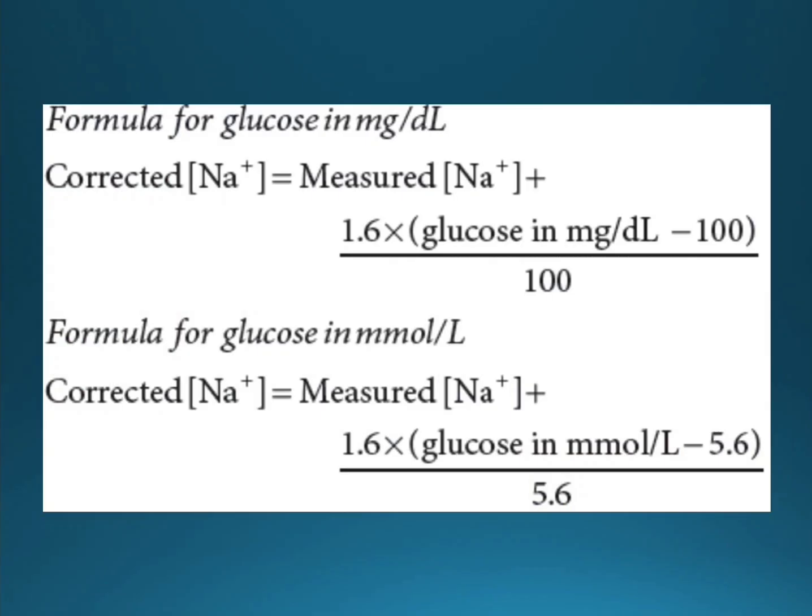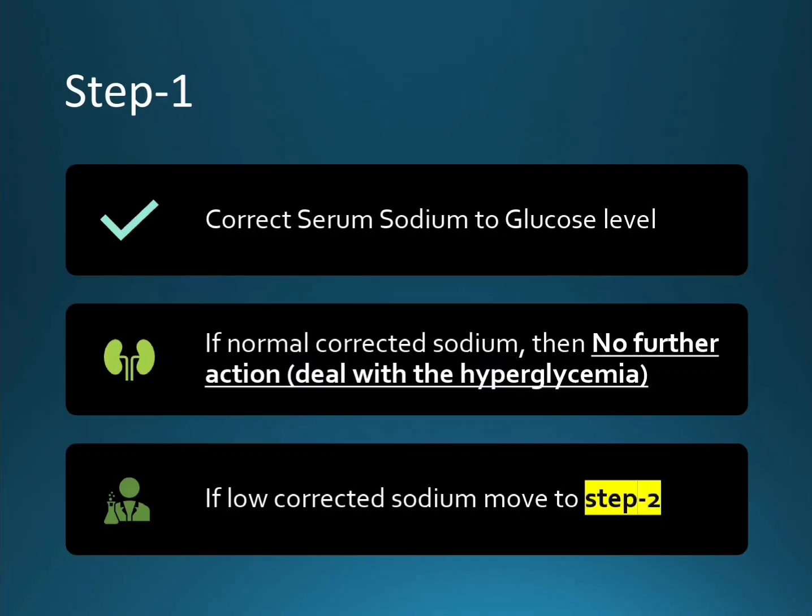There is a formula, but nowadays we all have mobile phones, and there are a lot of calculators that you can use to make this calculation quickly. So you correct the sodium for the glucose. If the level of corrected sodium is normal, then that's it. There is no hyponatremia, and you stop there.